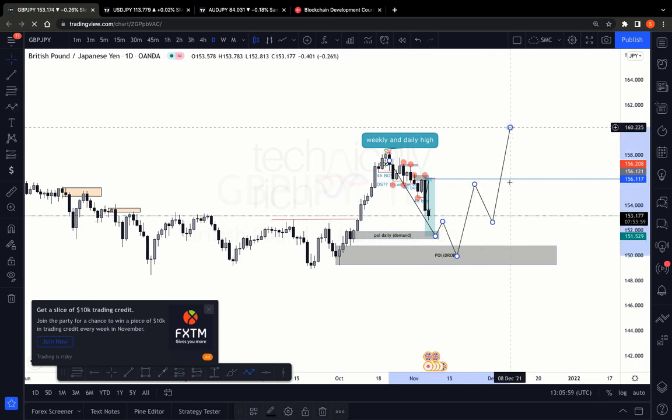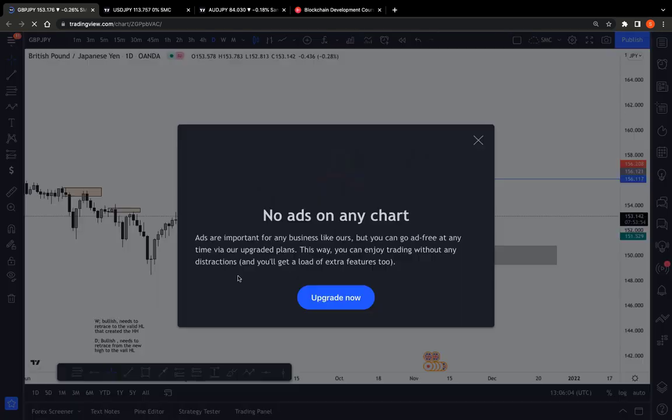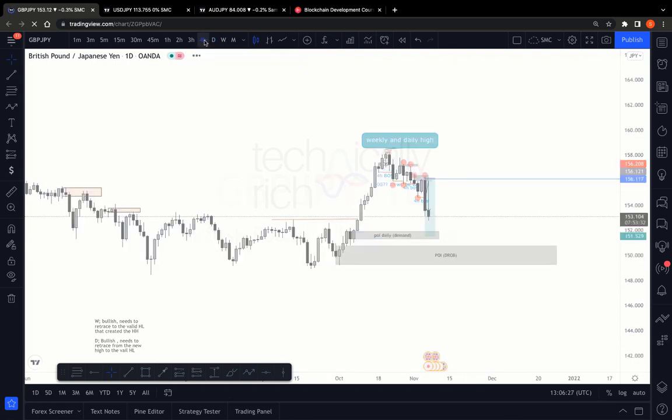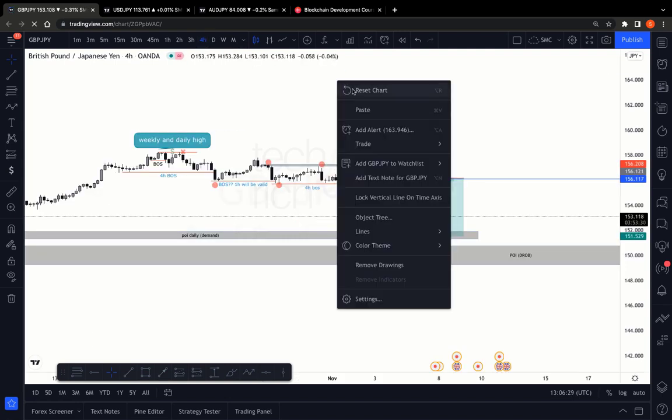But remember, every time the daily creates a high, you go to the lower time frame or go to the intraday to look for a break of structure so that you can short and catch that daily pullback. And anytime the daily creates a low, you go to the intraday and look for a break of structure so that you can catch the bullish pullback on the daily time frame via the intraday here.